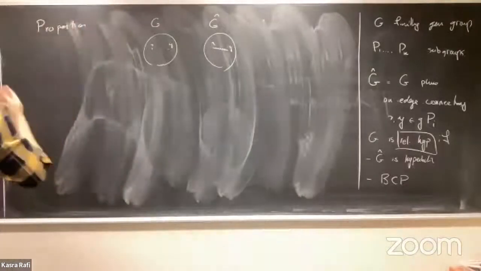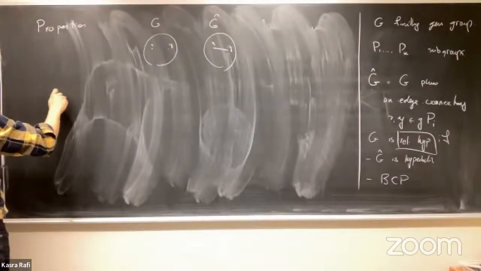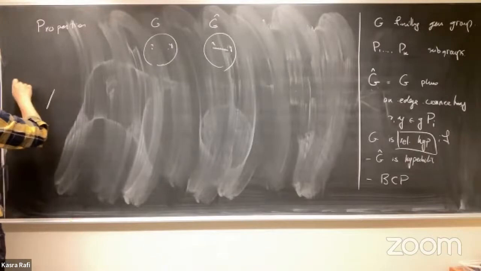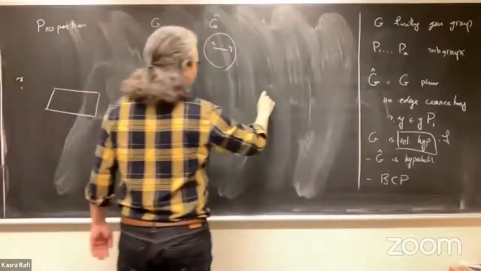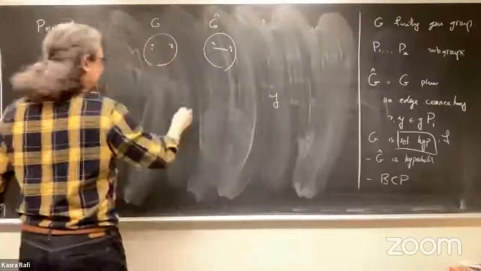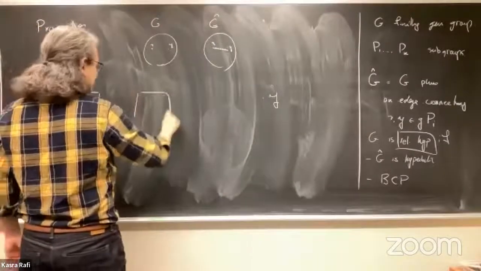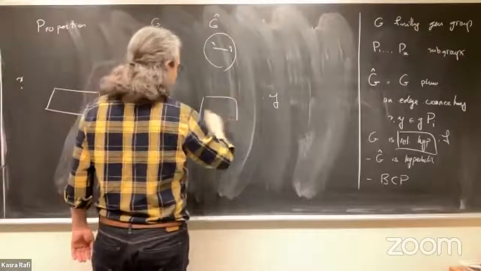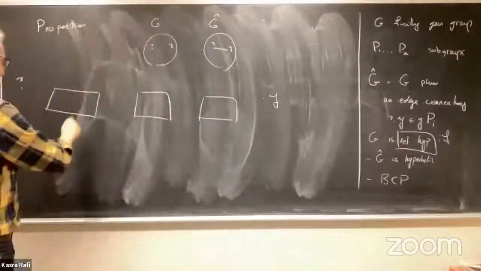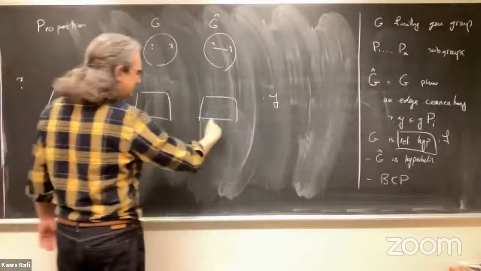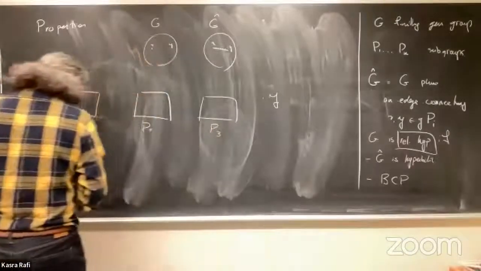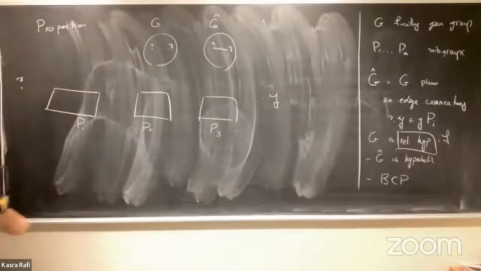So the picture that you should have is as follows. Let's say I have a point X here and a point Y, and I want to connect them in G hat. In G hat, going through peripheral subgroups costs you basically nothing, or costs you 1.